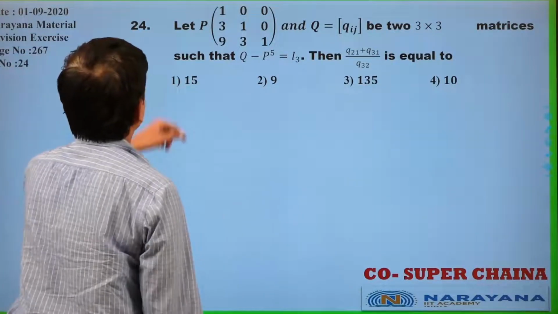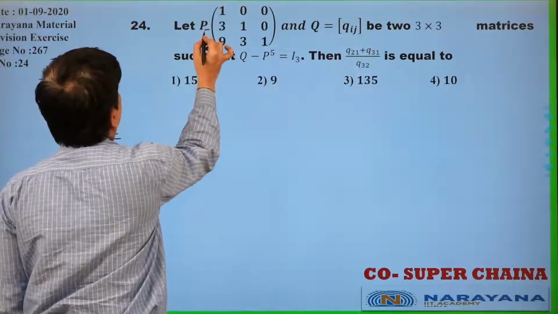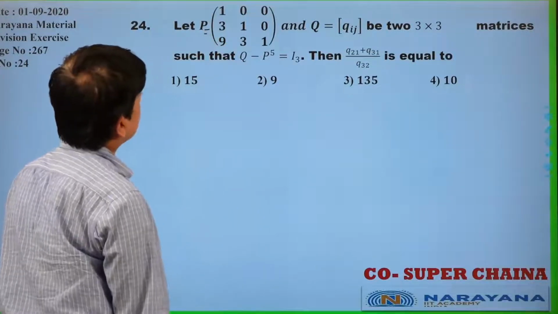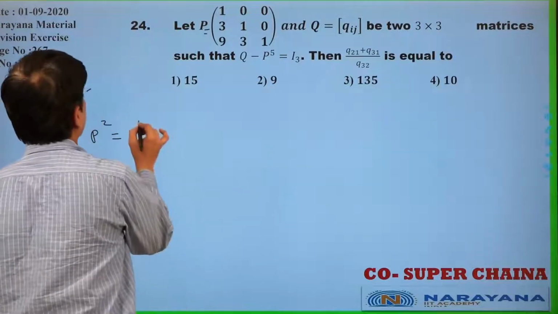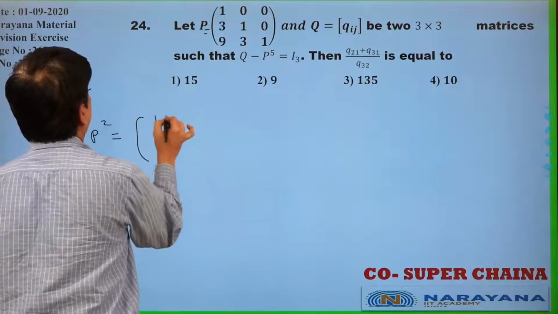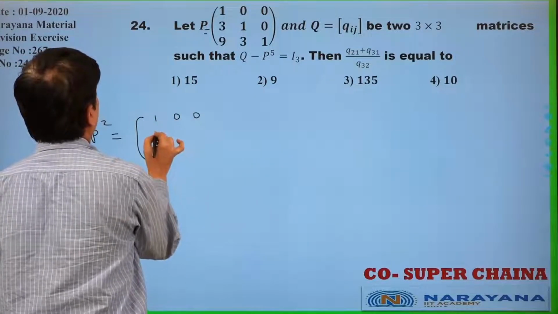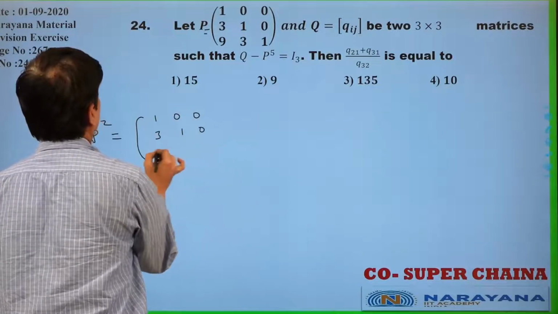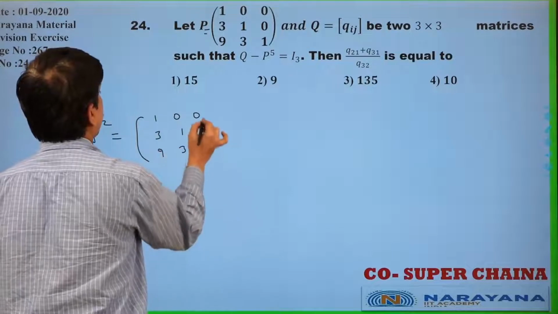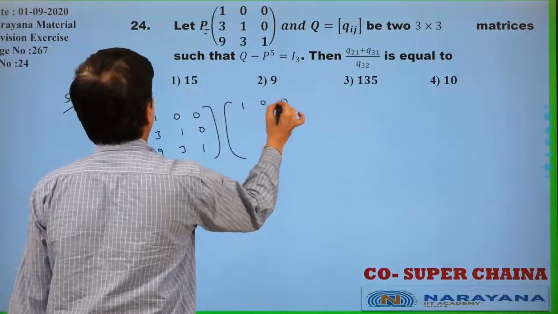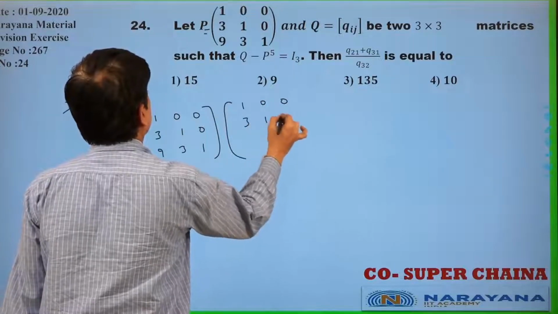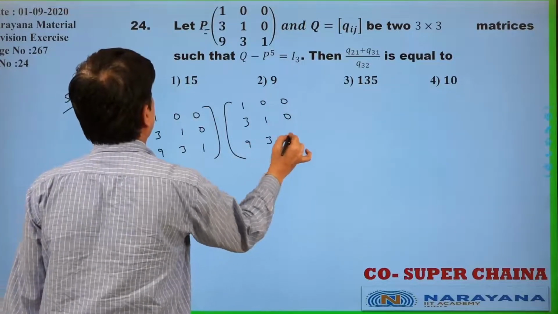This P matrix is equal to this one only. Is it clear? Now, P square is nothing but 1 0 0, 3 1 0, 9 3 1, again this one only, 1 0 0, 3 1 0, 9 3 1.